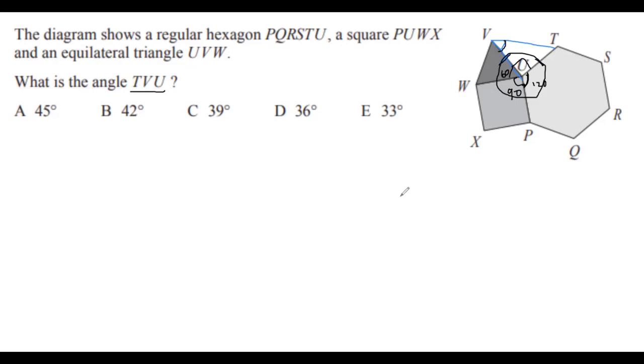So again, it is 90, since 60 plus 120 is 180, plus 90 is 270. 360 minus 270 is 90, right?